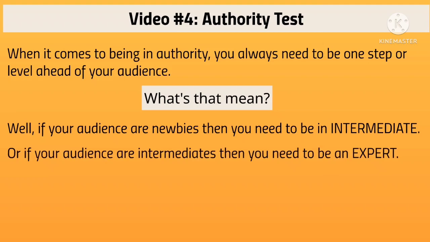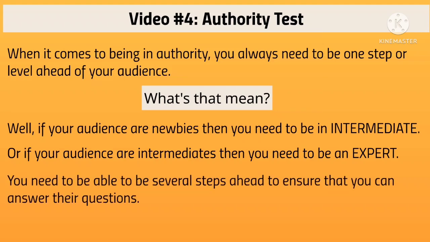Or if your audience are intermediates, then you need to make sure that you are an expert in that niche. The reason is that you need to be several steps ahead to ensure that you answer their questions. In other words, you need to gain their trust by providing value, and that way they understand that you have been through what they are going through right now.